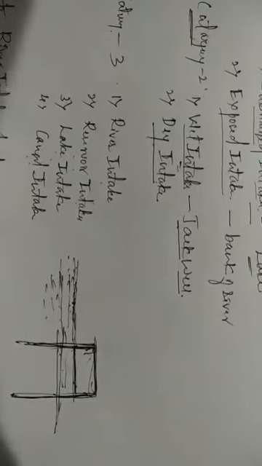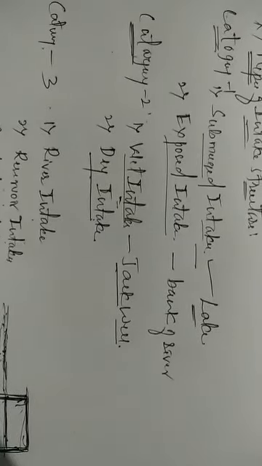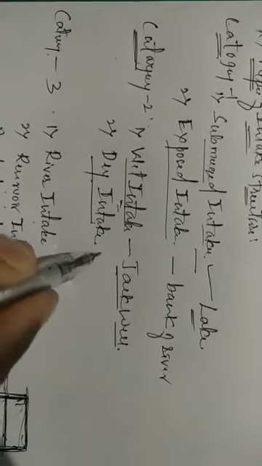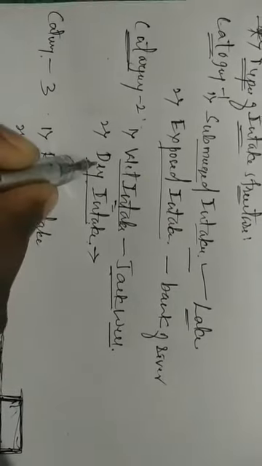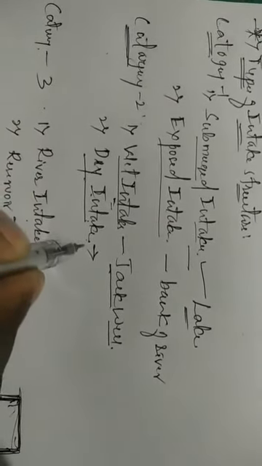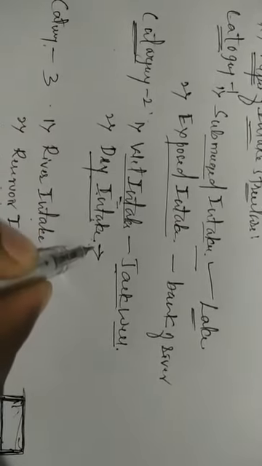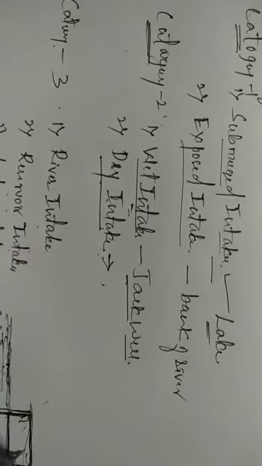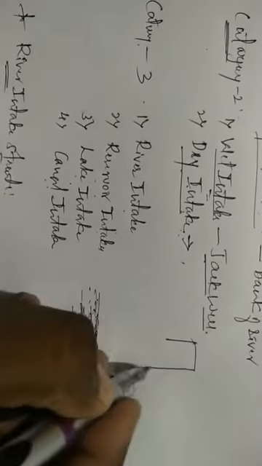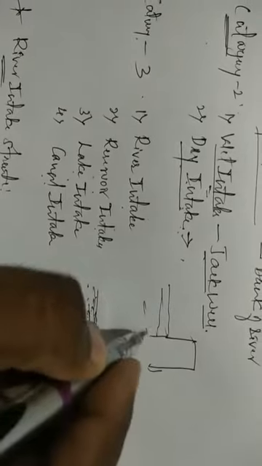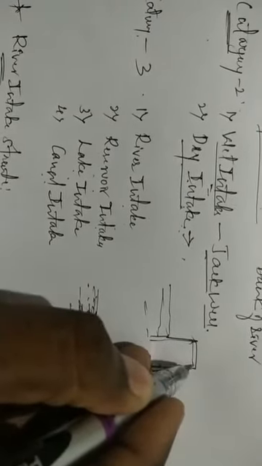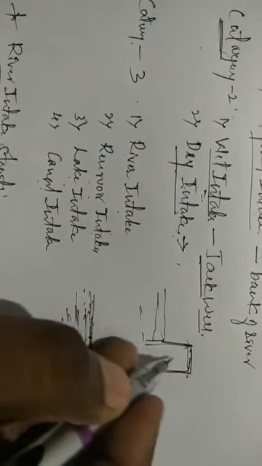Next one, dry intake structure. Dry intake structures means what? Here no water is stored in the intake structure. Some type of pipes or valves are provided in the tower. This is a tower, this is the river water. Here we construct one type of intake structure where no water is stored.